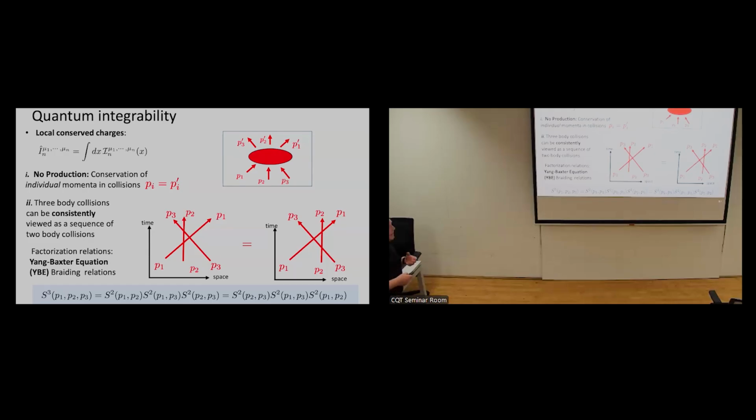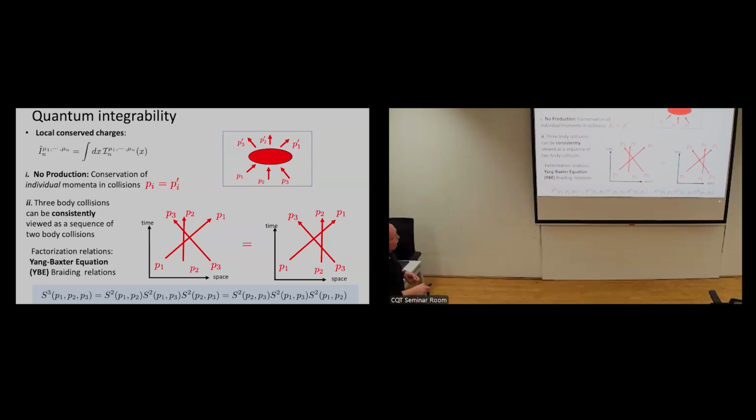Now, typically, this would not be possible because you can say, I can take this 3 into 3 and rearrange them in different order in time. So that, you see, I have exactly the same momentum here and here. Here I'll have particles 2 and 3 scattering first, then particles 1 and 3 scattering, and then particles 1 and 2. Why would that be equal? Typically, it is not equal.